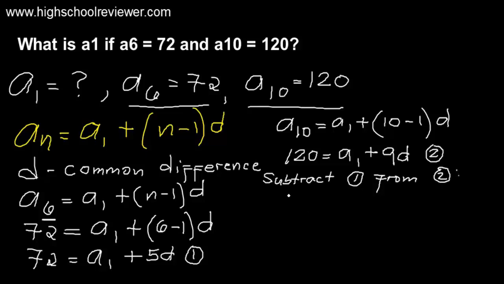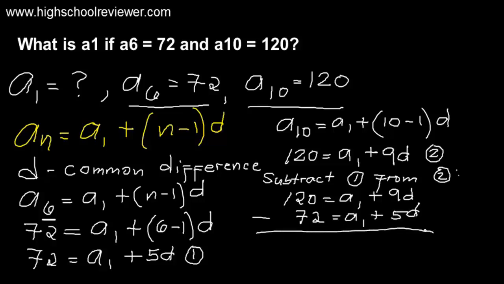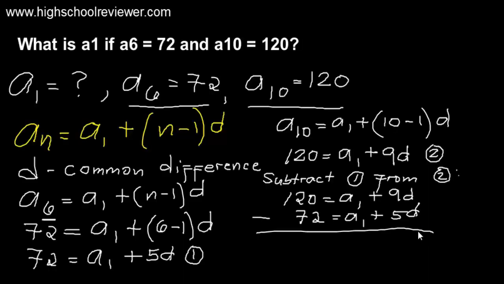So our equation 2 is 120 equals a sub 1 plus 9d, minus equation 1, which is 72 equals a sub 1 plus 5d. So subtracting, we have 120 minus 72.